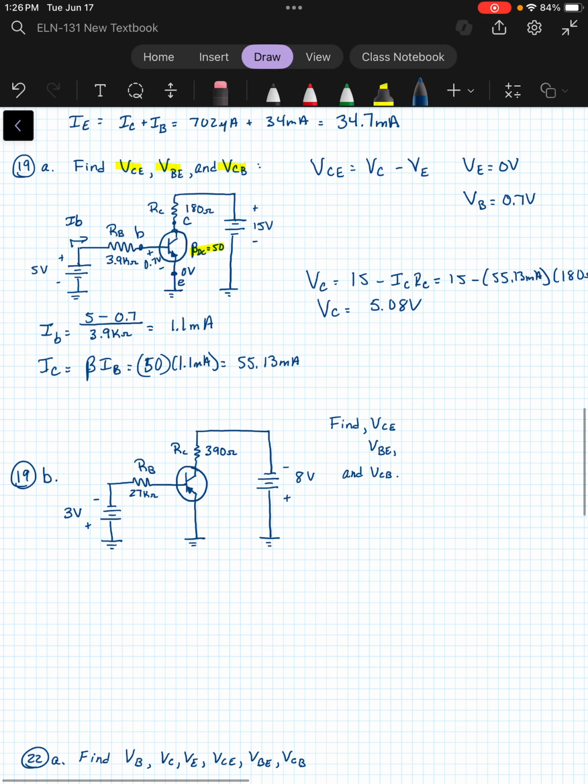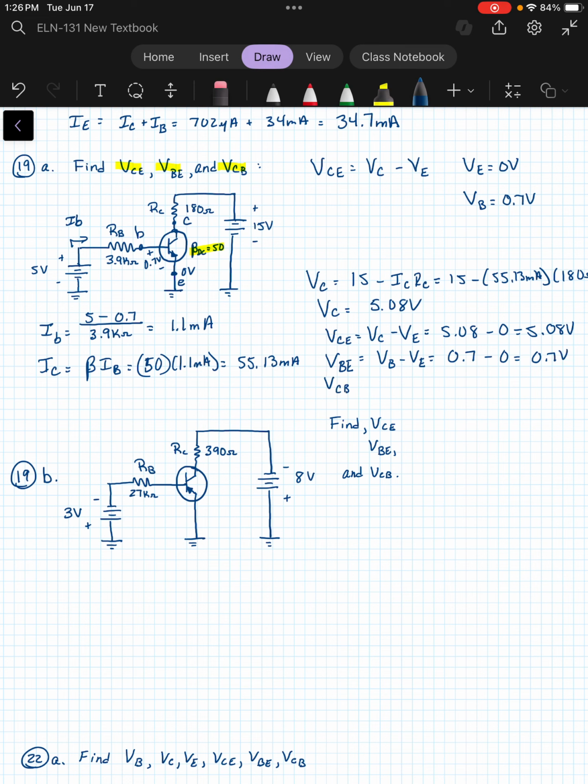So again, we're just going to utilize our definitions here. VCE is VC minus VE, where VC is 5.08 and VE is 0. So 5.08 volts. VBE is the voltage at B minus the voltage at E. And remember, we have that 0.7 volts minus 0 volts at E. So 0.7.